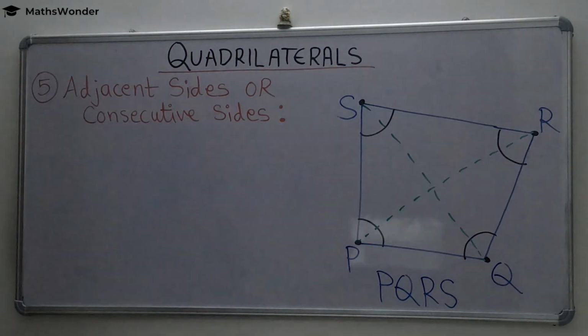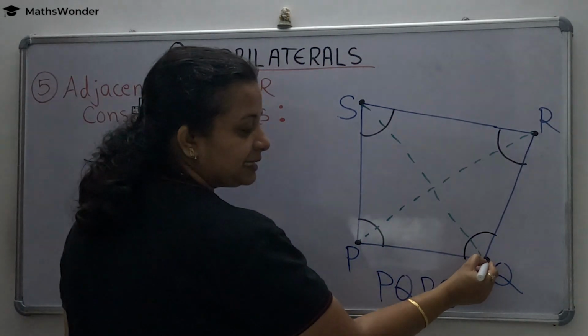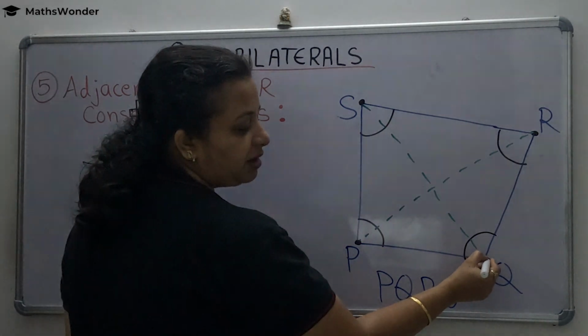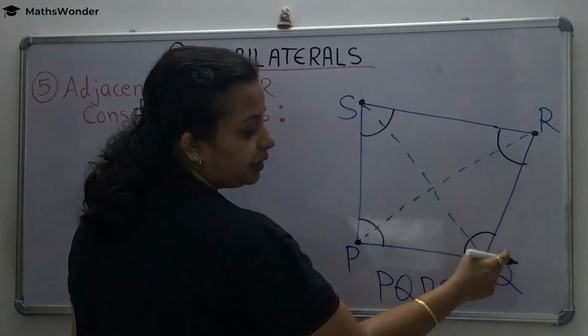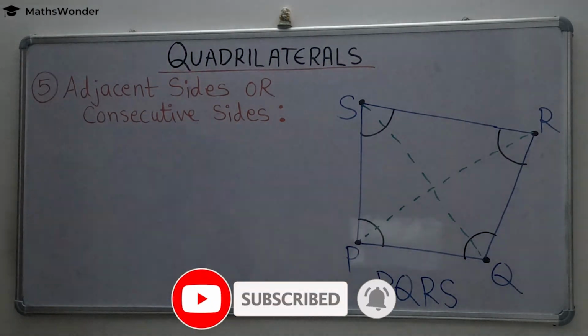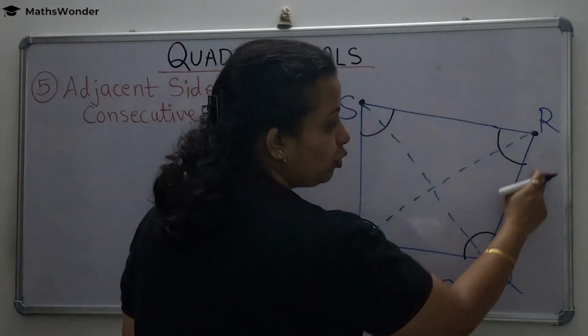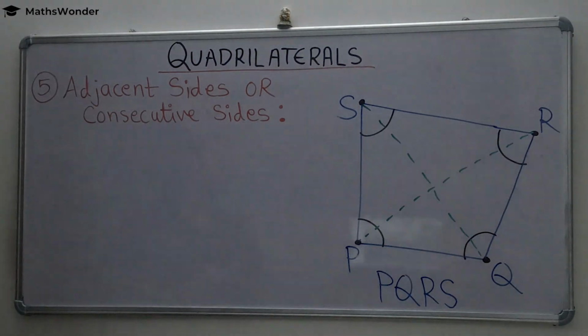Got it? Suppose Q is the vertex. Which 2 sides are joining at Q? QR and QP. So Q is common to both the sides. So these 2 sides are adjacent sides.